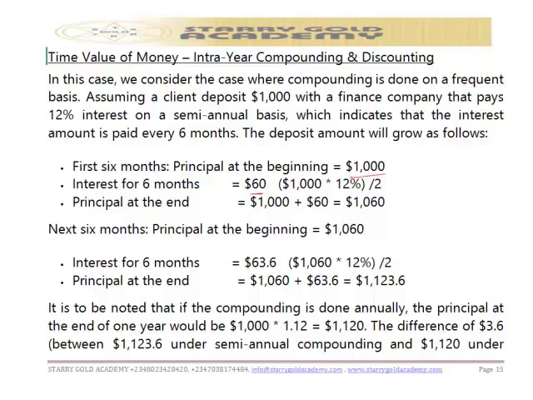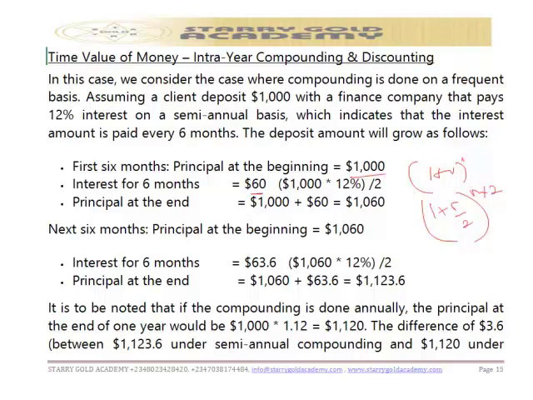For the first year, instead of 1 plus R raised to power n, the formula will be modified, with n times 2. Are we together? So n will not be 1 again, it will be 2.